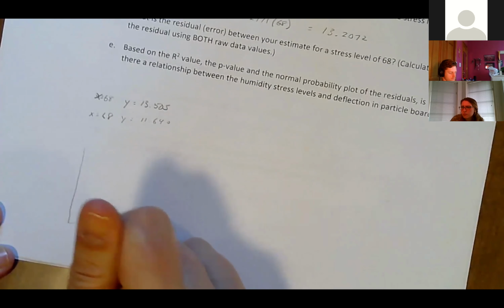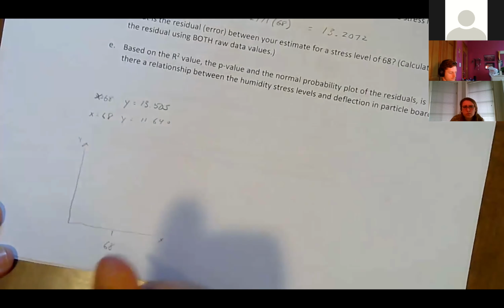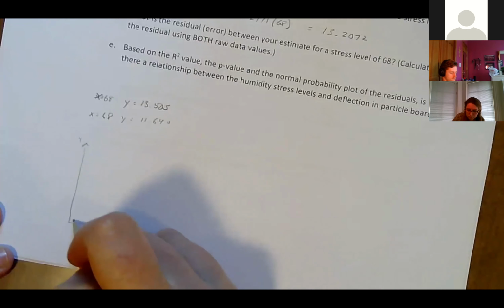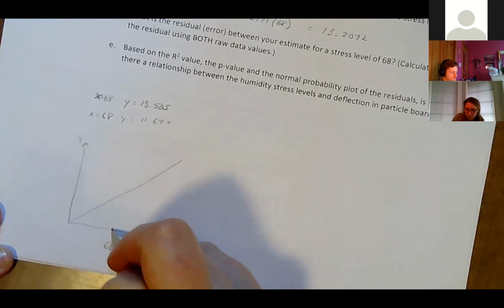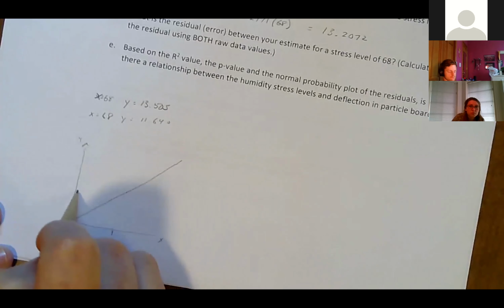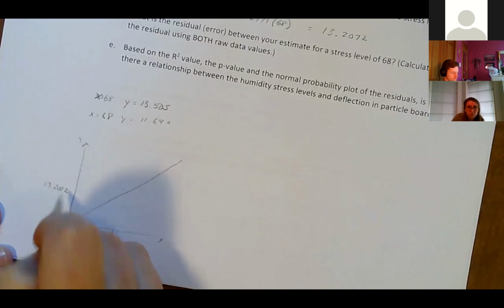On our x-axis, we've got a value of 68. For our line that we created, draw my line, for that value of 68, using my prediction model, my y was 13.2072.